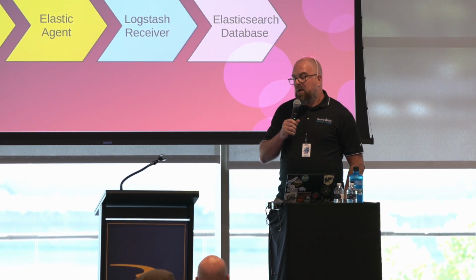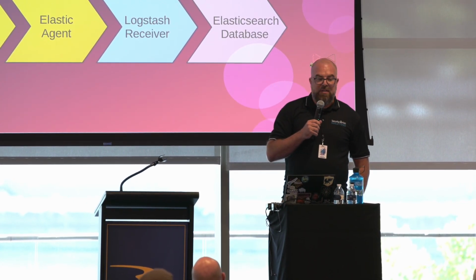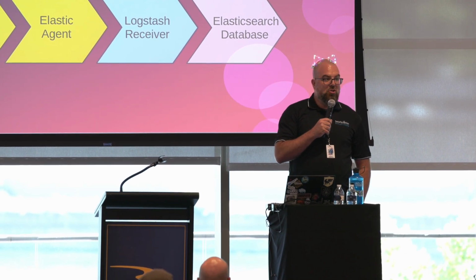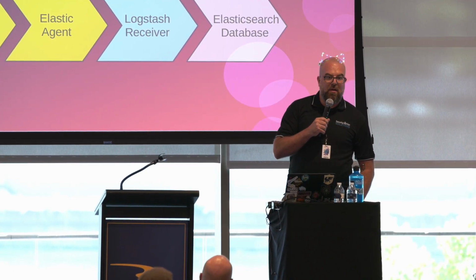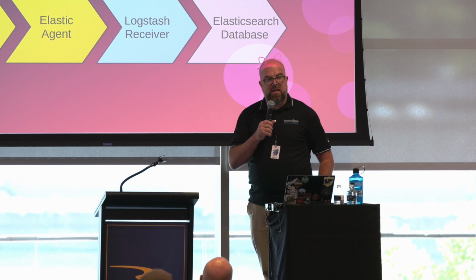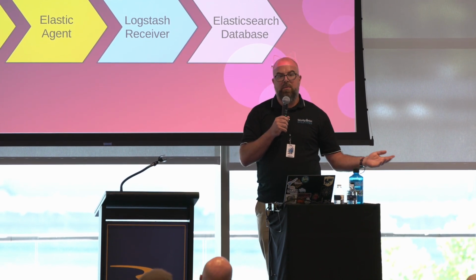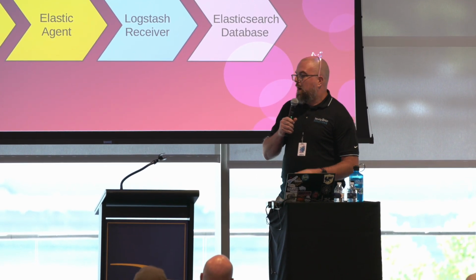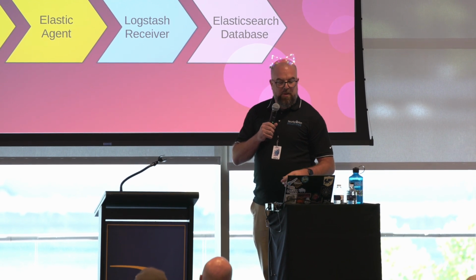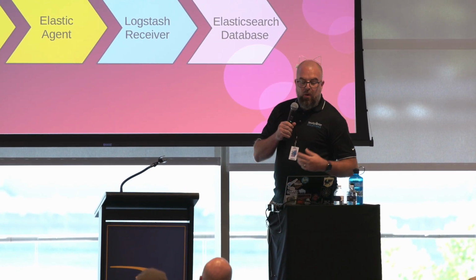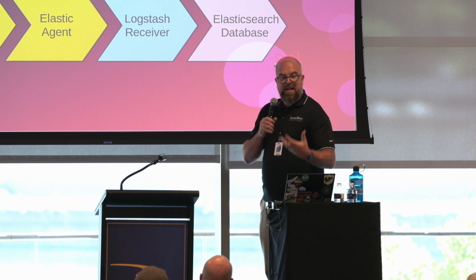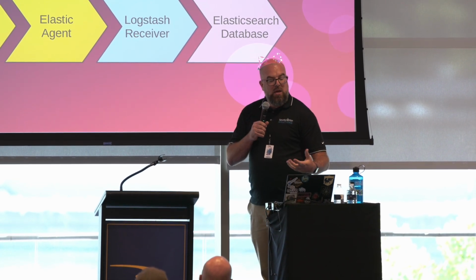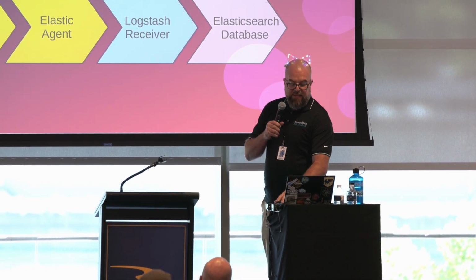If you're in an enterprise deployment, we do have a specialty node type that's just called a receiver node for doing availability and load balancing. You can stand up a bunch of those and it will just round robin between them. But again, this is a demo environment, it's pretty small. Once the Logstash receiver gets it, it's put into a queue, and that queue is then emptied by Elasticsearch.